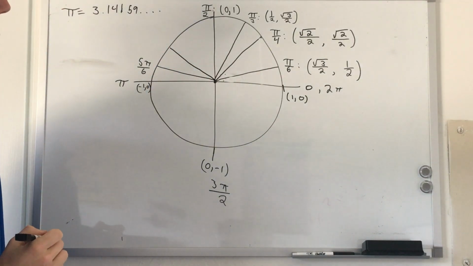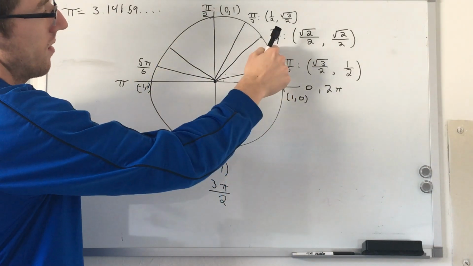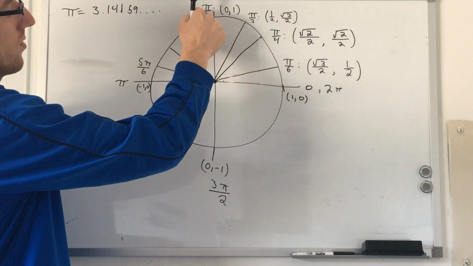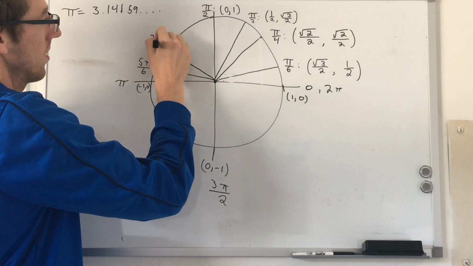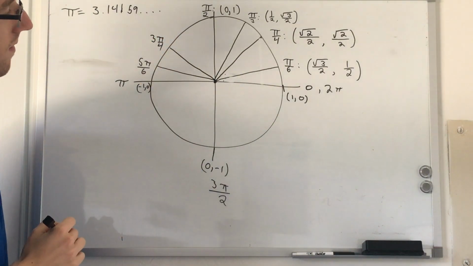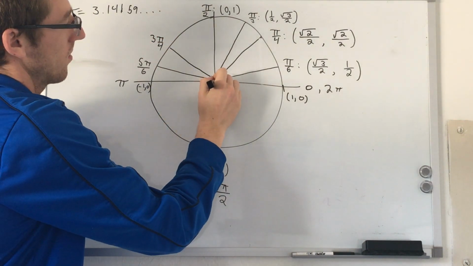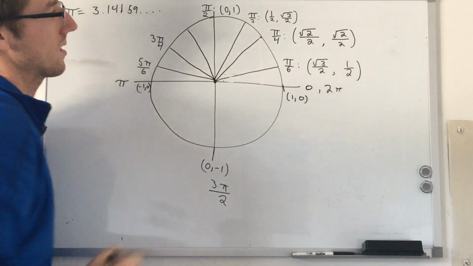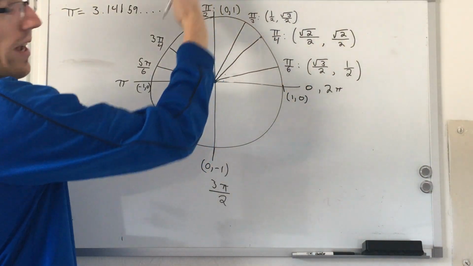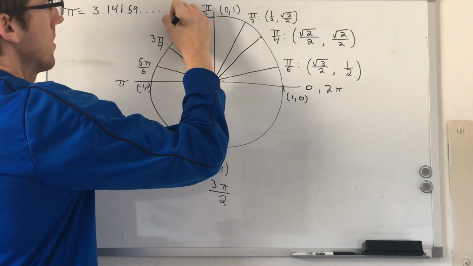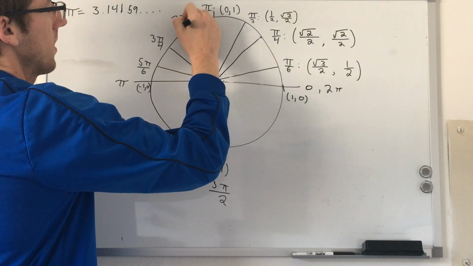Well, this one's just going to be, okay, I have pi over 4, pi over 2. So this one's going to be 3 pi over 4. And then the last one we're going to get, let's see, what's this going to be? So I've added pi over 3. Now I add pi over 3 again. And I get 2 pi over 3.